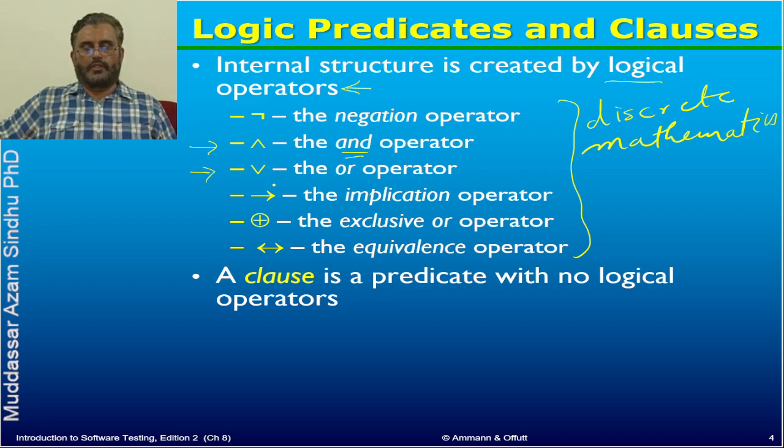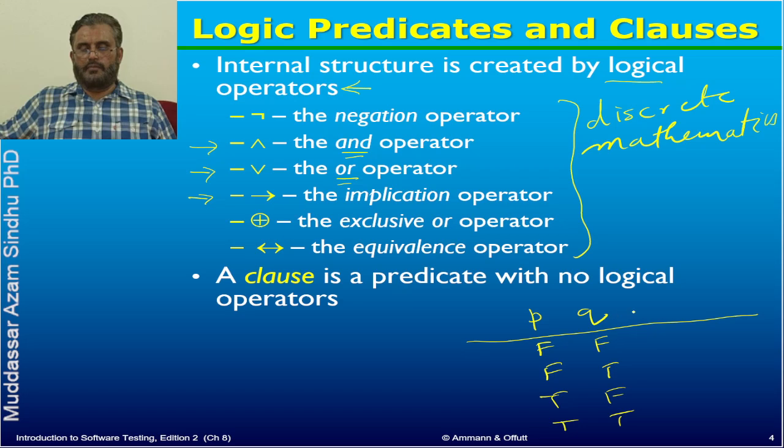And the disjunction operator, which is also called the OR operator, will return a true when at least one of the operands is true, and if both are false, then it will return a false. The implication operator has a truth table of the following form. For example, if I have two operands for this operator, the truth values can be false, one can be true, the other can be true, and both of them can be true.